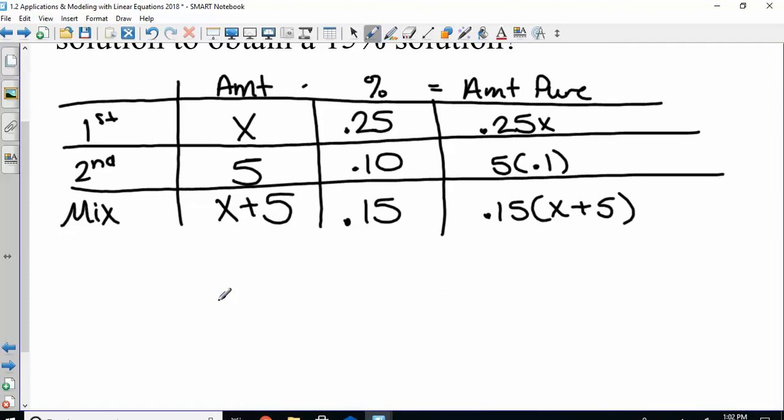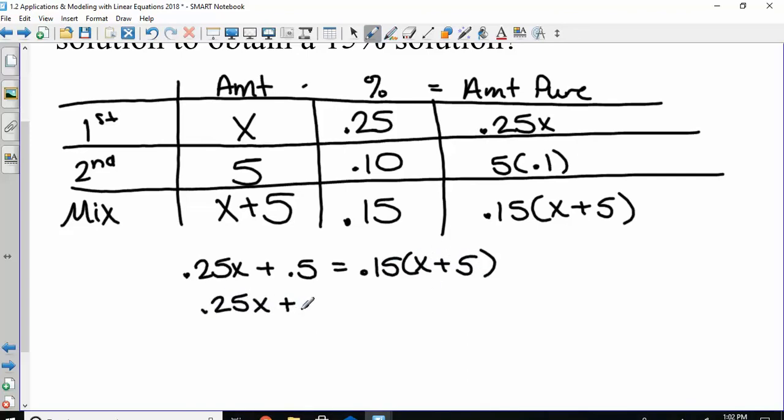And how do we write the equation from here? Right. 0.25x plus 0.5 equals the 0.15 times x plus 5. So then we can solve this equation.